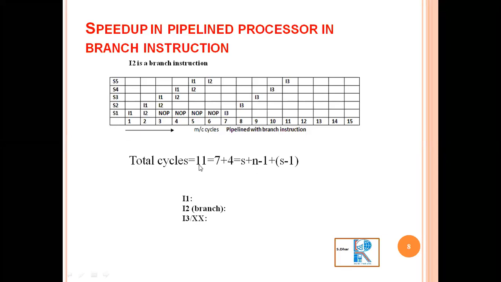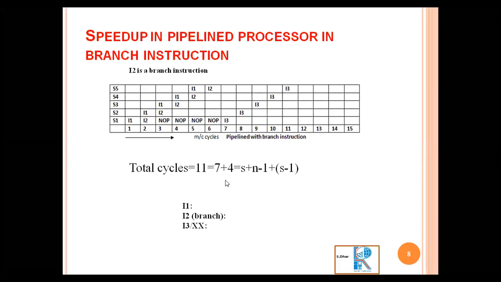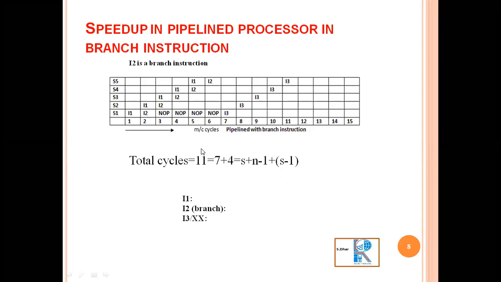So what is the time required for a pipeline processor? s plus n minus 1, plus the penalty s minus 1, where s is the number of stages, if there is one branch instruction. Remember, here the branch instruction is 1. If there are 2 branch instructions, we multiply the penalty, that means 2 into s minus 1.